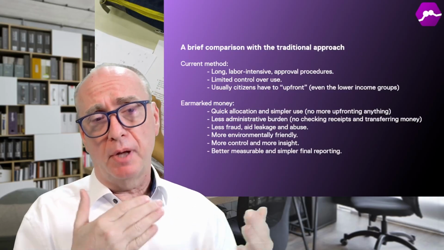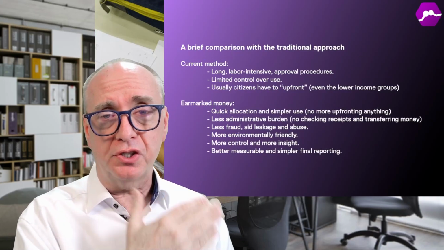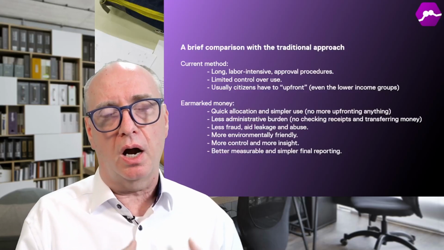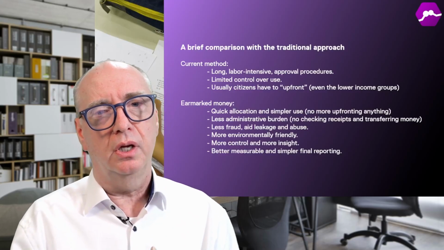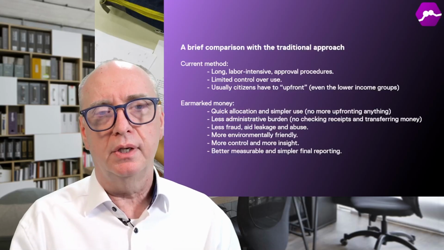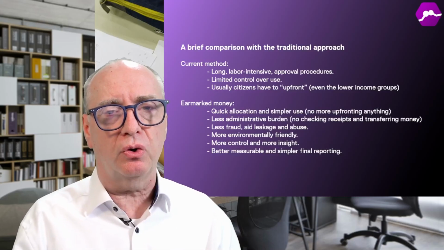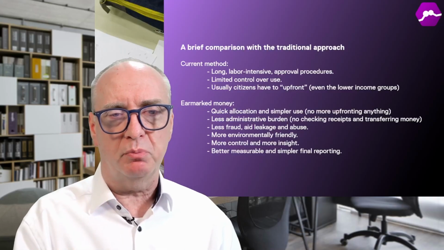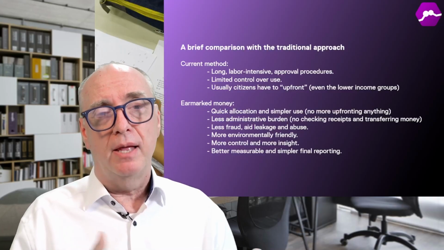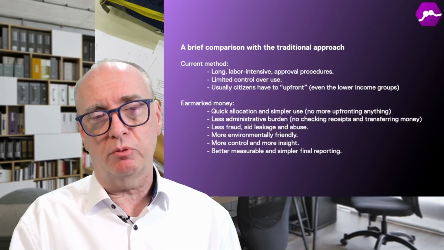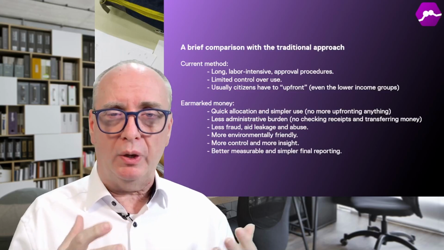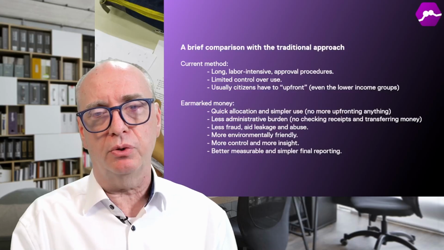Now, a brief comparison. The conventional methods are very labor intensive, are long procedures, with lots of approvals and limited control, and most of the time citizens have to upfront the money which they don't even have. With our way of programmable money, our earmarked money, there's a quick allocation and a very simple use.